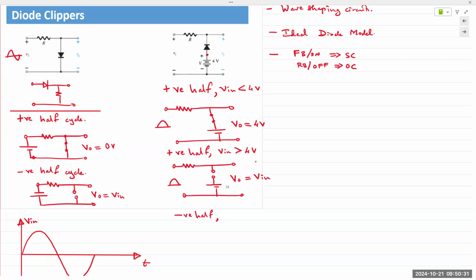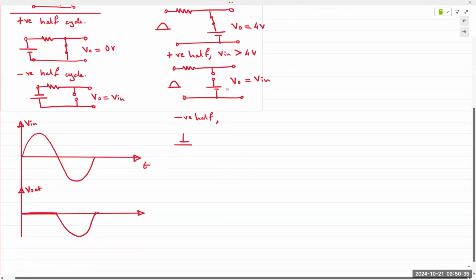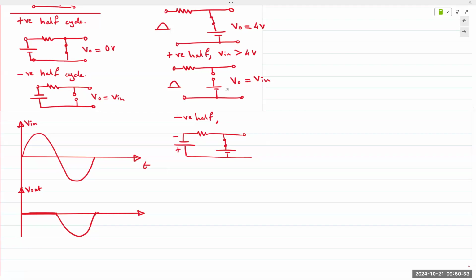And again, let's draw it out this way. Negative half cycle, minus here, plus here. The diode will always be on. Right? The cathode is always held at the negative potential. So the negative half cycle does not matter.